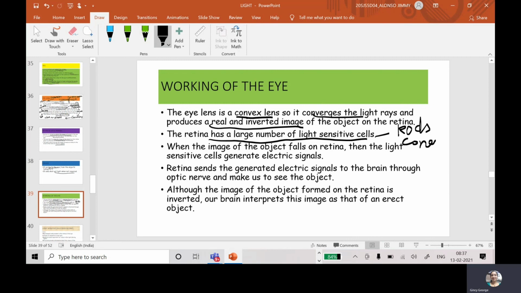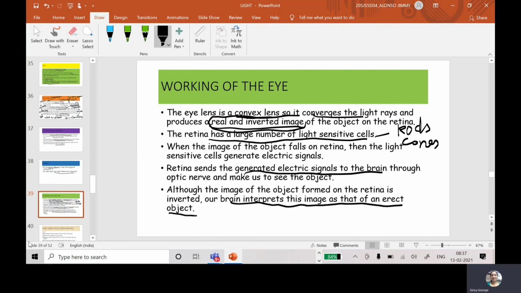Once the image is formed on the retina, it is generating electric signals to the brain, passing through the optic nerve, and the brain is interpreting this image as an erect image. So a real and erect image is identified by the brain. The actual image is real and inverted. That is the difference here.